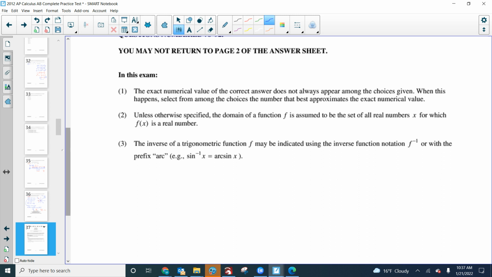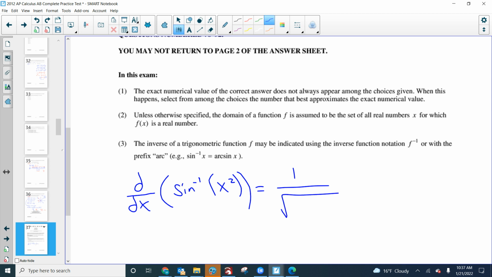So what if they say find the derivative of sine inverse of x squared? One over square root of 1 minus u squared times that, right?